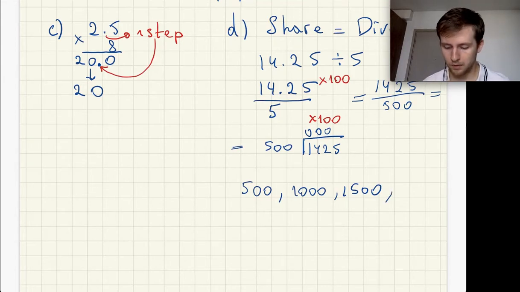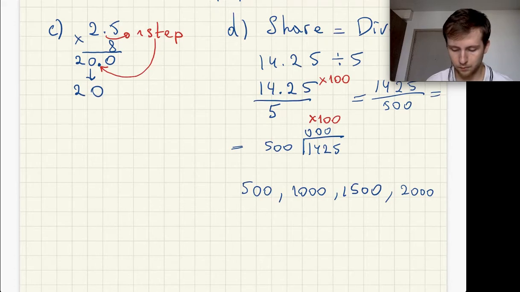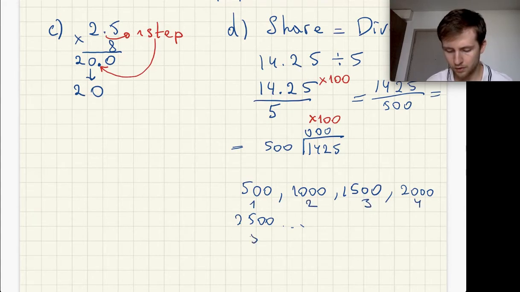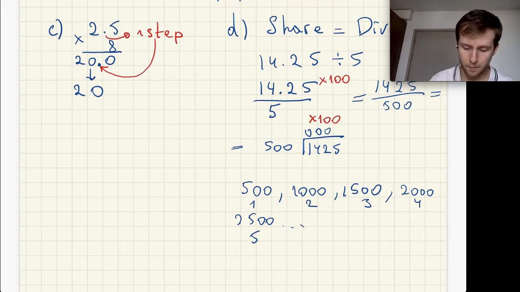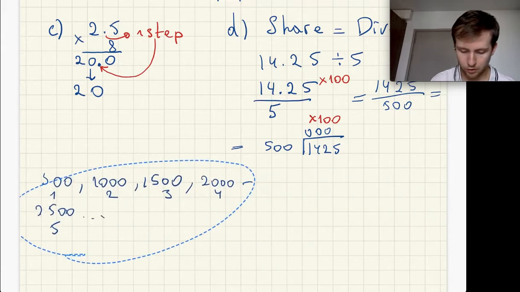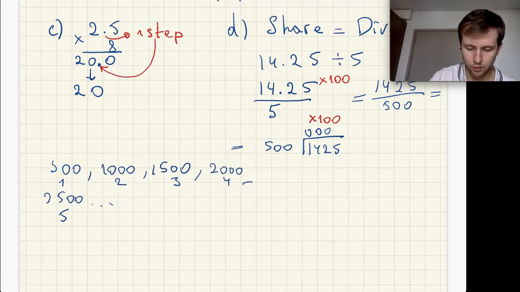And maybe let's do some more. Then we have 2000, then we have 2500. Okay, this is enough. So 1, 2, 3, 4, this is 5. So it's going to fit into 1425. It's going to fit there only 2 times, actually, only 2 times.